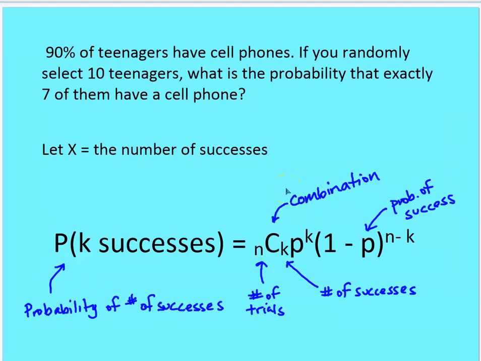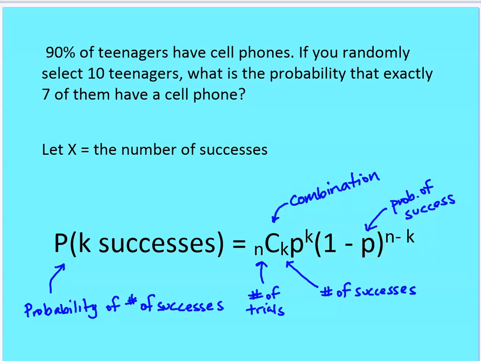All right, so we're going to put that formula into our formula for binomial probability. That is, the probability of K successes is equal to N, the number of trials, combination K, the number of successes, times the probability of success to the power of K, times 1 minus P, the complement of P, to the power of N minus K.